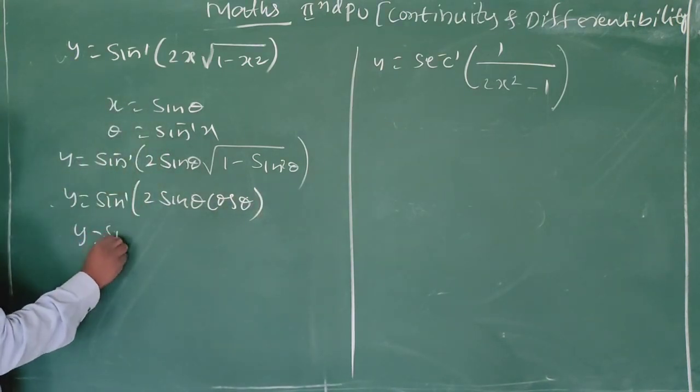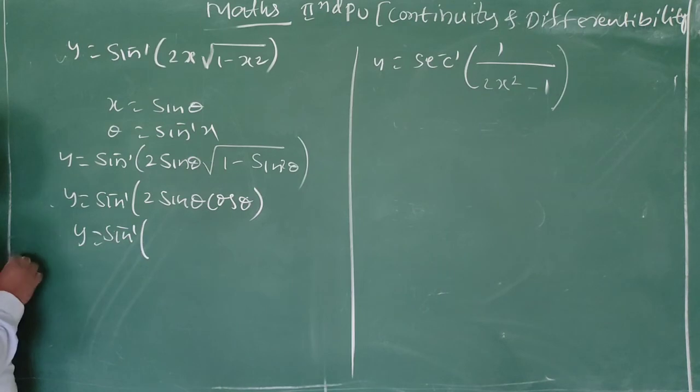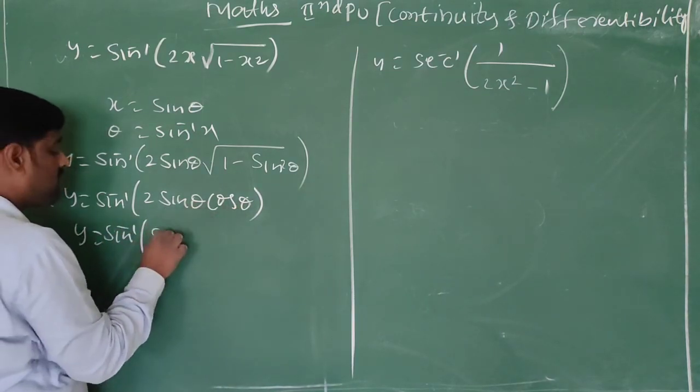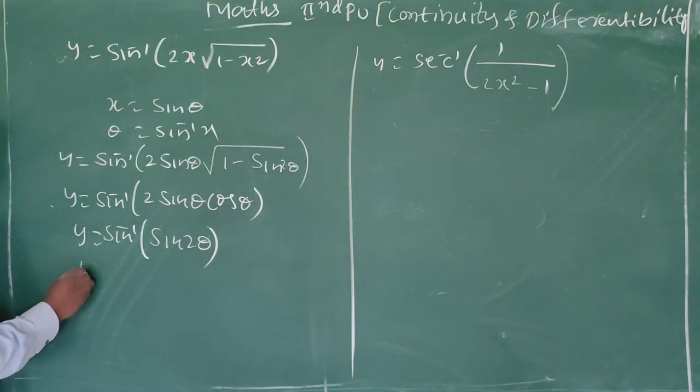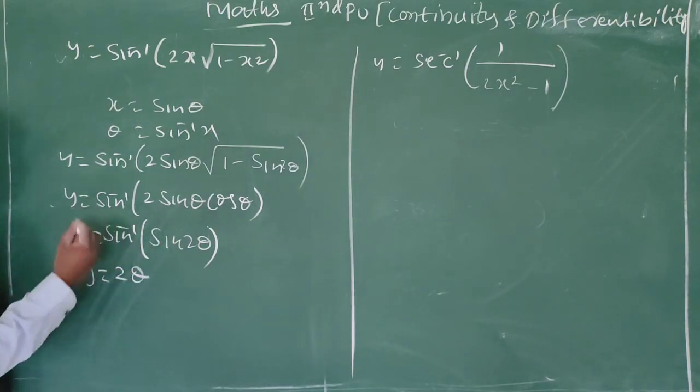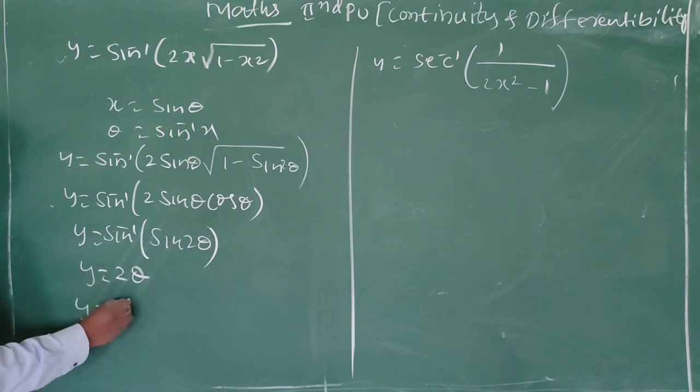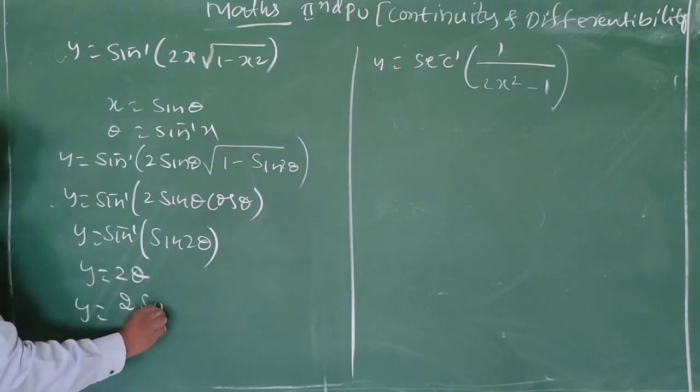So y is equal to sin inverse of 2 sin theta cos theta, whose formula is sin 2 theta. Sin inverse cancels. y is equal to 2 theta. y is equal to 2 sin inverse x.